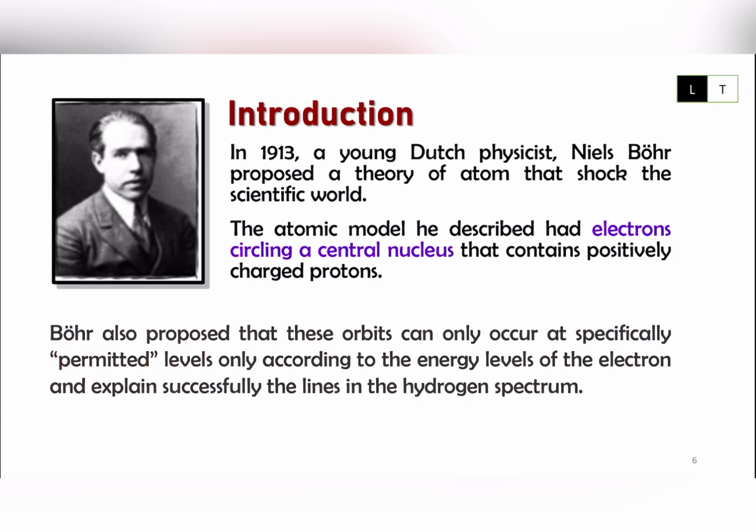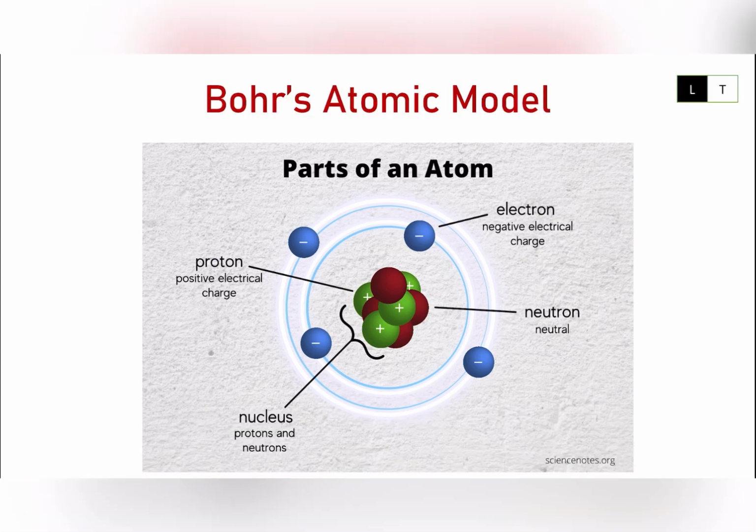He also successfully explained the lines in the hydrogen spectrum from his atomic model. This is the general atomic model based on Bohr's theory that we've used since a long time ago. In this picture, he used the concept of quantized energy to propose that electrons move around the nucleus in fixed orbits or shells.